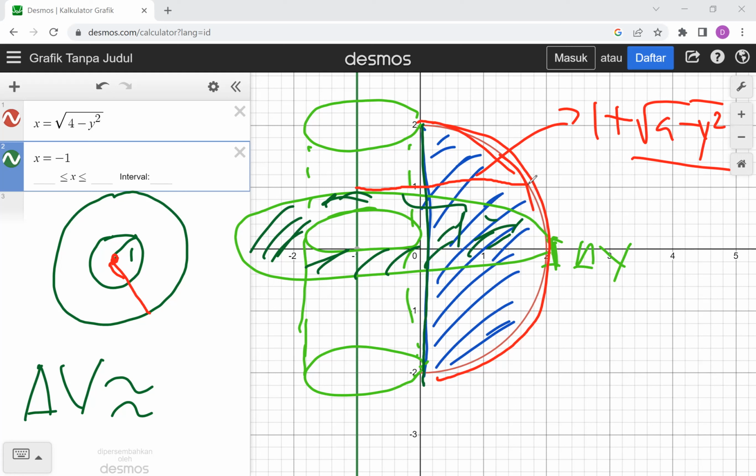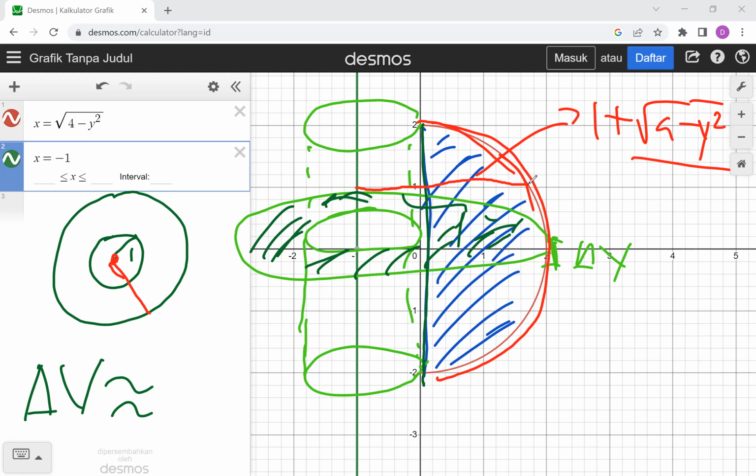In this case, it's better to sketch the region and also the solids to approximate the volume of the thin pieces. Of course, if the rotation axis is, let's say, x equals -3, then the distance becomes 3 plus the square root of 4 minus y squared.